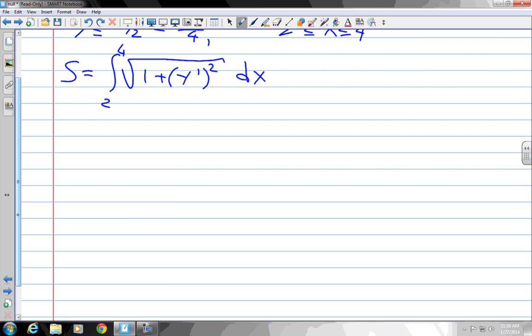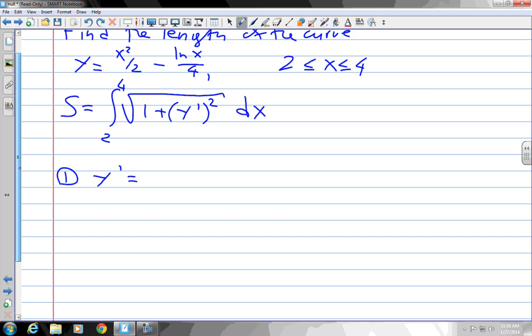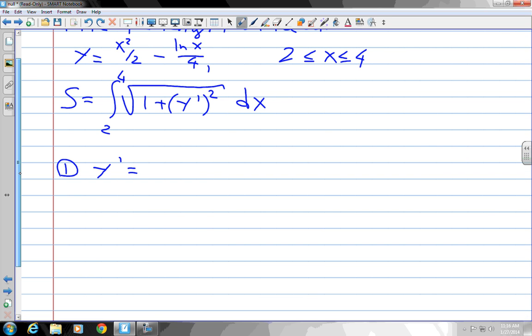Otherwise, it might get difficult to integrate. So first, let's take the derivative. What's the derivative of this function? So the derivative of that is just x minus 1 over 4x. Is that okay?